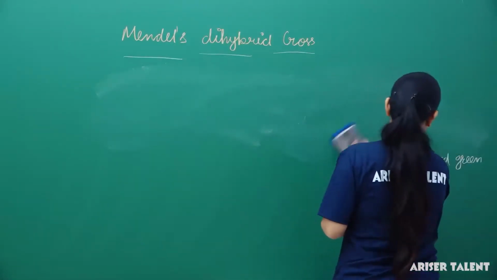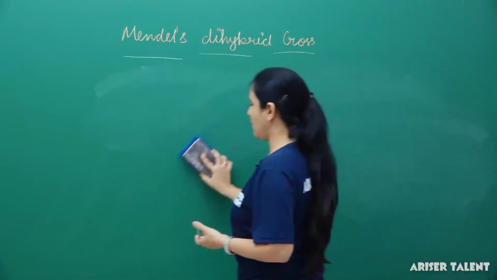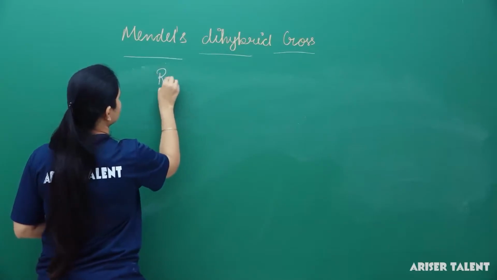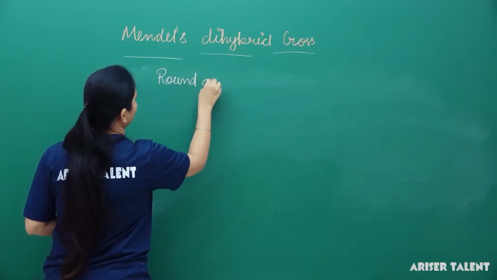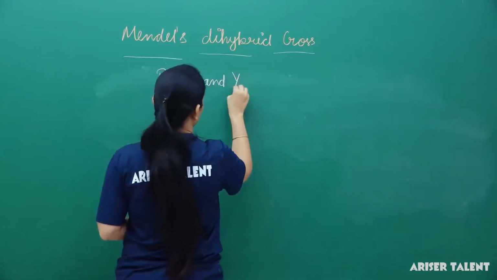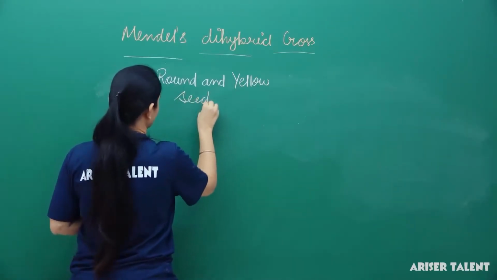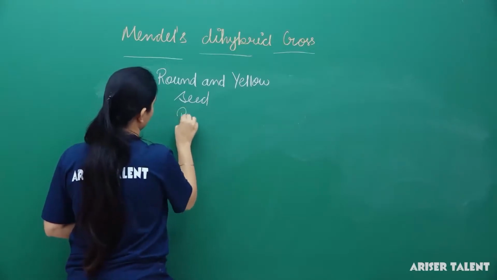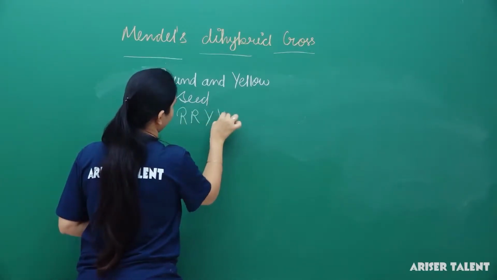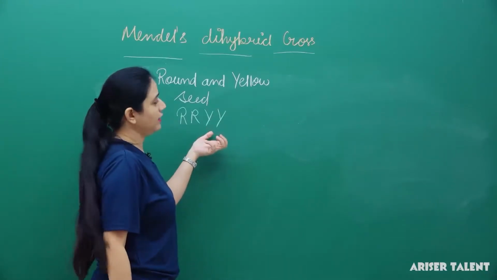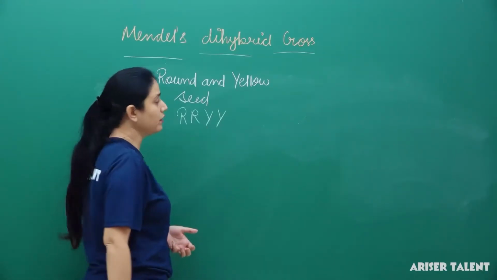When Mendel chose the plant which was dominant with round and yellow seeds, the characters were represented by R, R and Y, Y. Capital R means round in shape and capital Y means yellow in color.